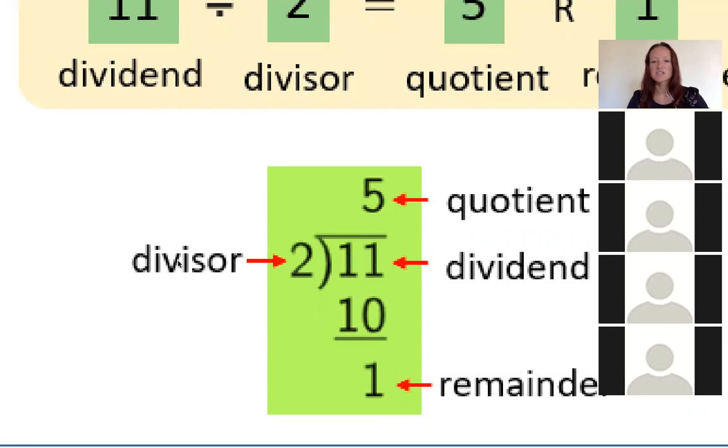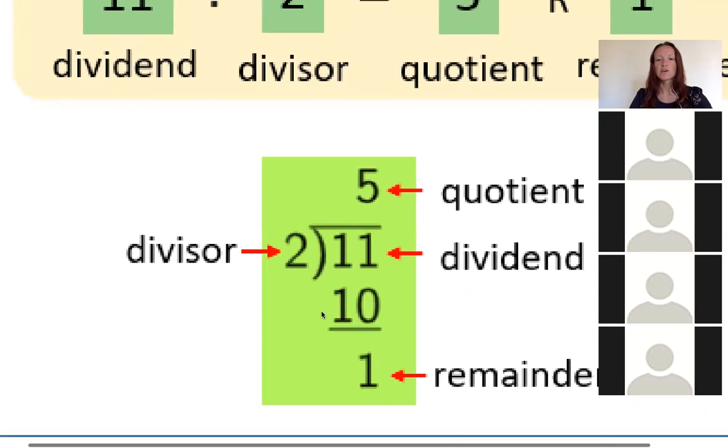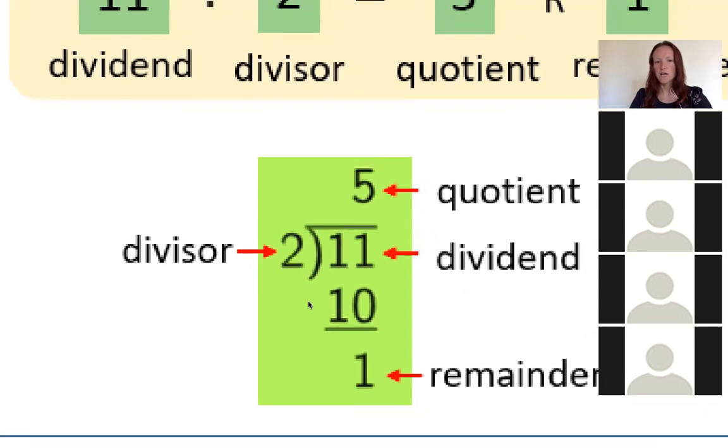So first the divisor, next the dividend, and the quotient, the result, is on the top. And we have a remainder as well. So that means 11 divided by 2.